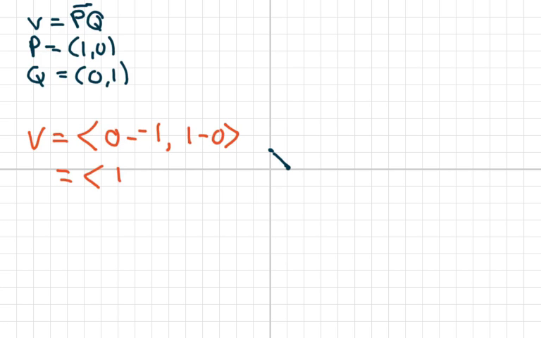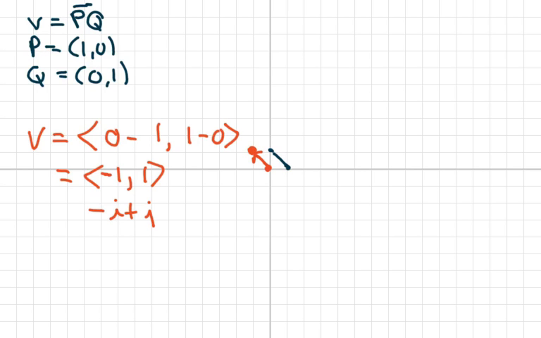No, it's 0 minus 1. Sorry, they're both positive. So we get negative 1 comma 1, or negative i plus j. So I'm going to go negative 1 to 1, and from the 0, I have my position vector.